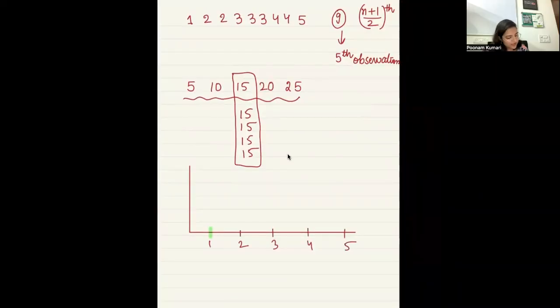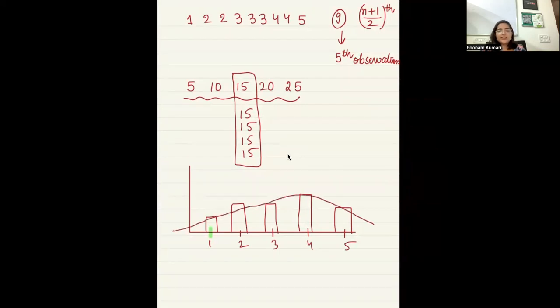So this is, let's say, one. This is two. And this is again two. And then this is again, let's say this. And then this is this. Same. This looks like negatively skewed data or not?